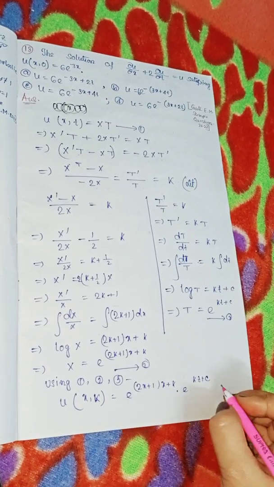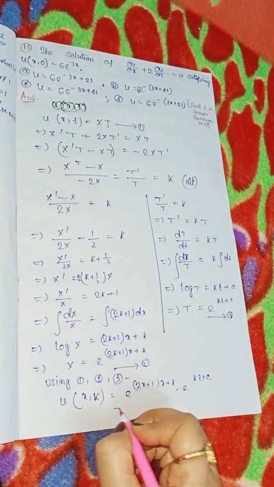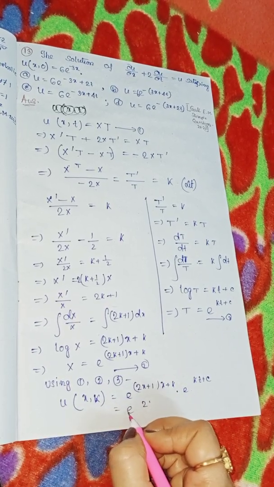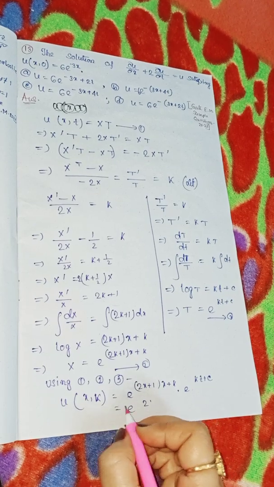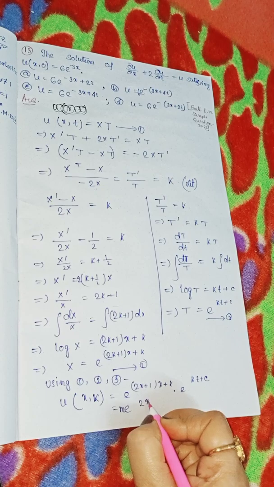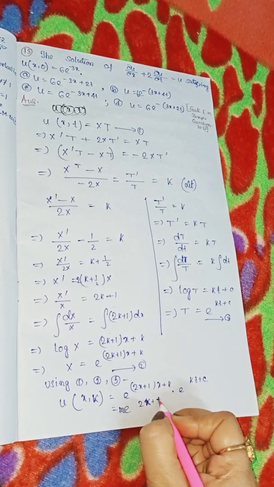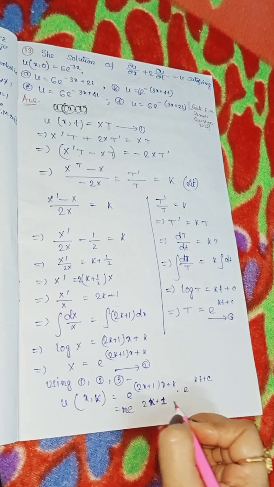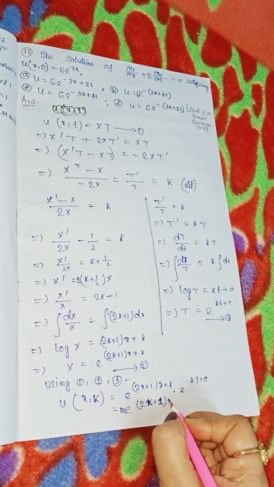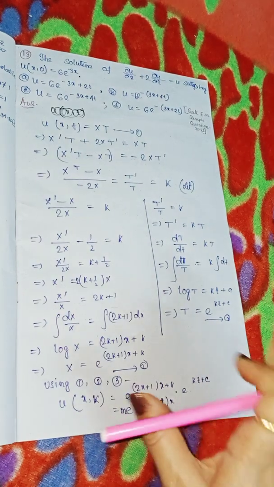So if we put this one in equation, no, I am just putting this 2, 1. So this one becomes e to the power 2k plus 1 into x, here just putting k and c and making one constant, so it is removing.